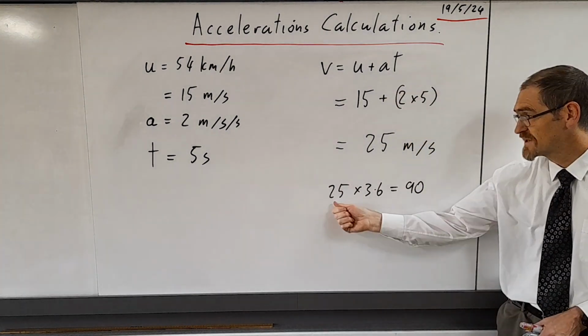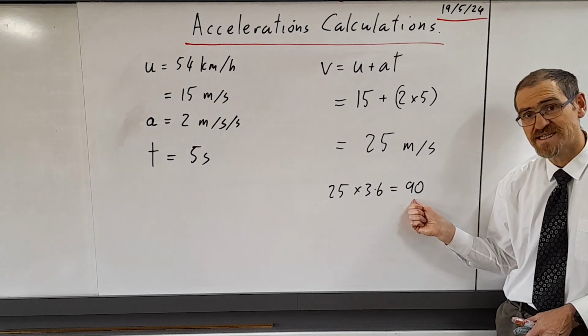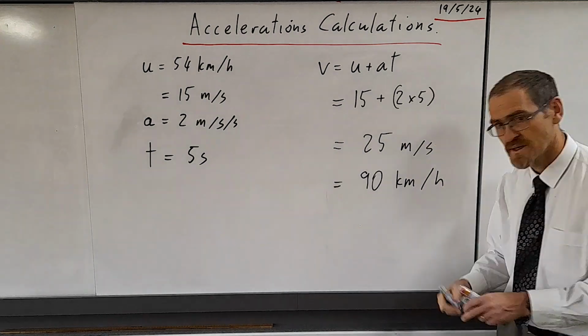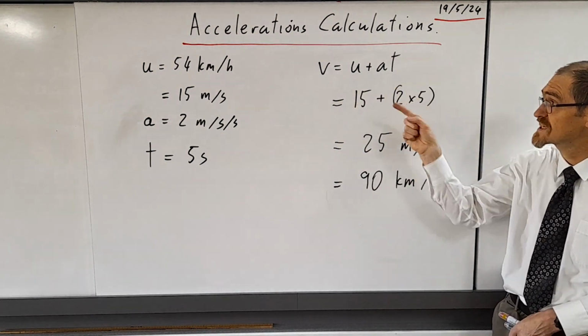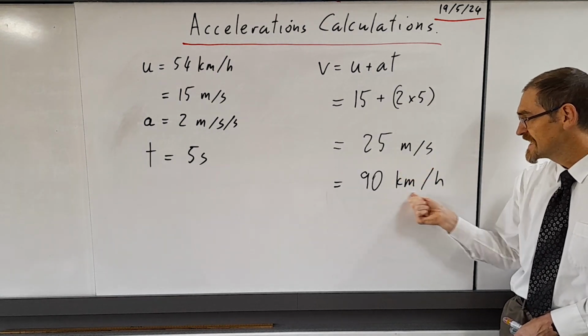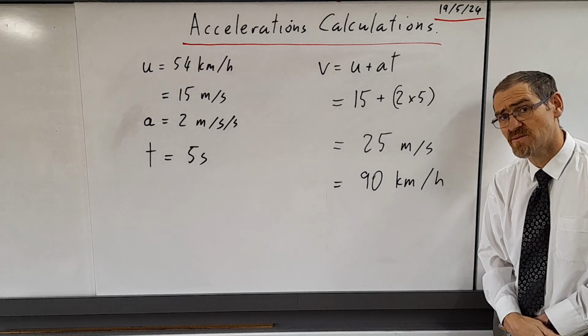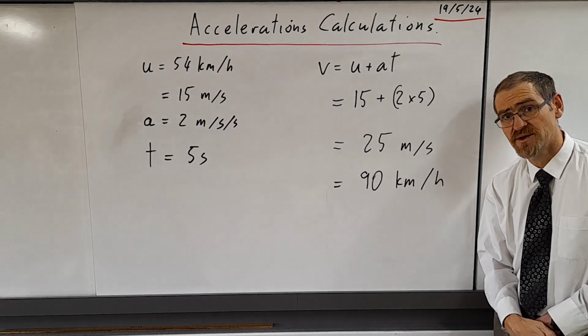I recognize that 25 meters per second multiplied by 3.6 gives us 90 kilometers an hour. So we've got givens listed, equation declared, show all working, give the answer, show your units. Sometimes in the question they'll actually tell you which units they want you to give it in. In this case, I've given it in meters per second and also in kilometers per hour.